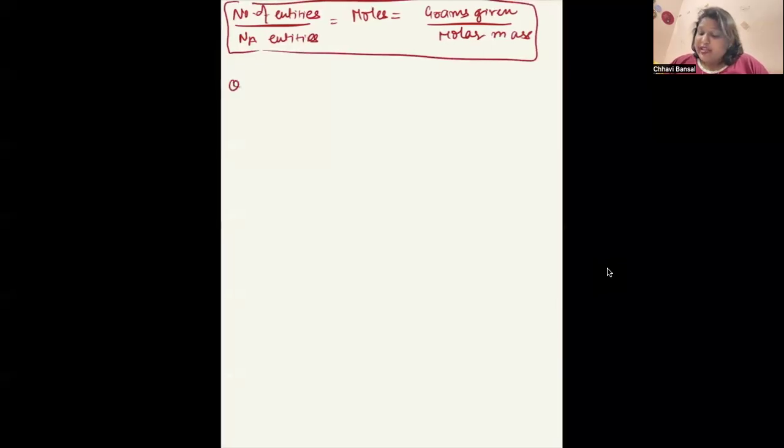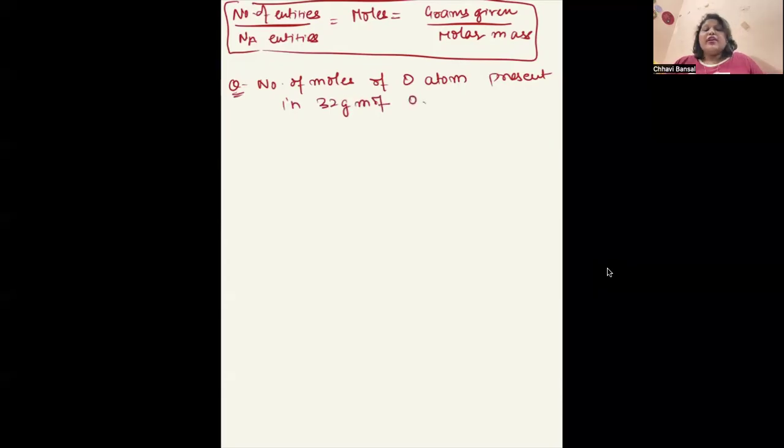Okay, for example, let's find out the number of moles of oxygen atoms present in 32 grams of oxygen. Now, this is one question. Always try to understand when you get a question, what is given and what we have to find out.